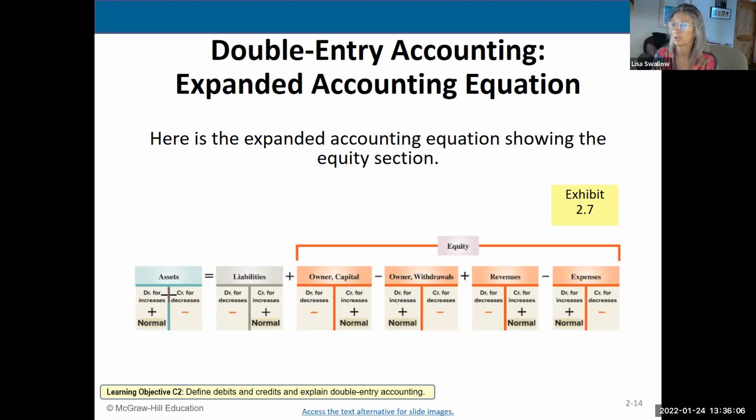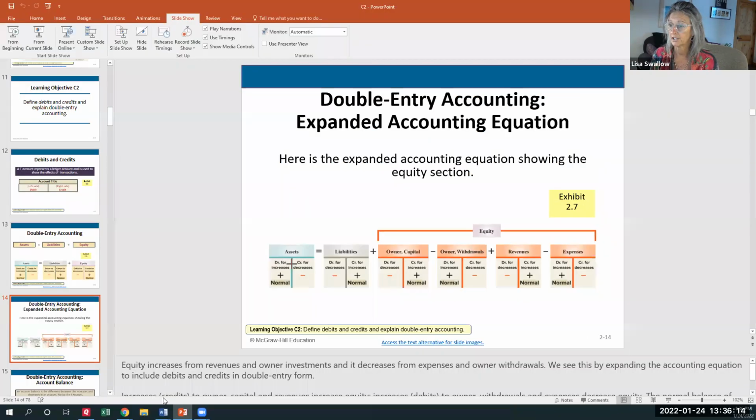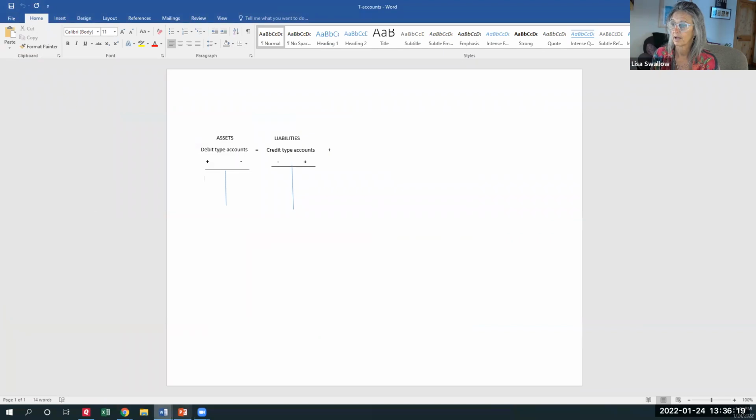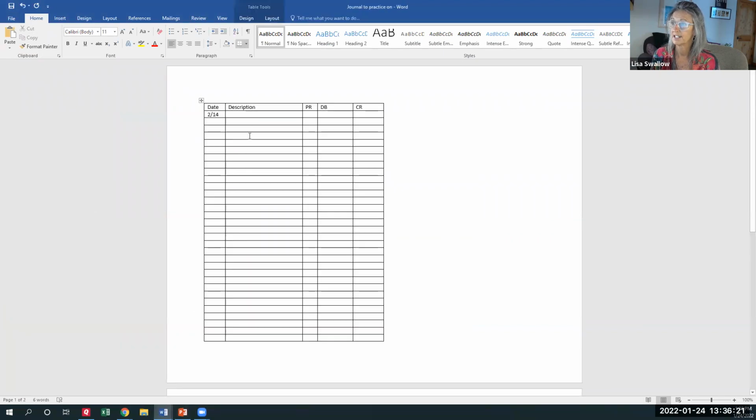What do we do? We debit a liability to decrease it. It's like, okay, I can do that. I'm going to debit my accounts payable. Debits always come first. And from now on, we're just going to call that AP.